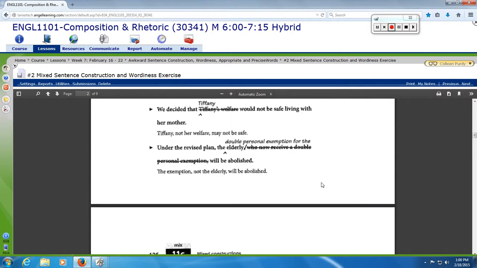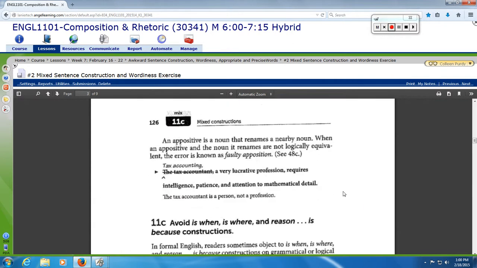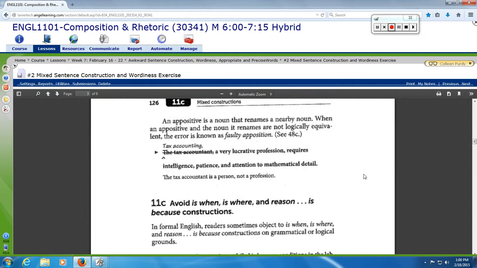We've looked at that example in our PowerPoint. And an appositive, as I said, is a noun that renames a nearby noun. Usually it's right after it. When an appositive and the noun it renames are not logically equivalent, the error is known as faulty apposition. Okay, so "the tax accountant, comma, a very lucrative profession, comma, requires intelligence, patience, and attention to mathematical detail."